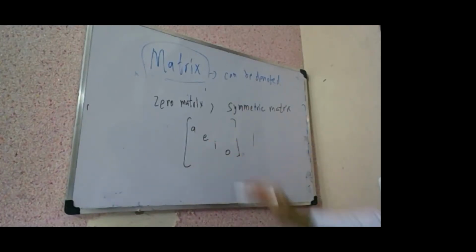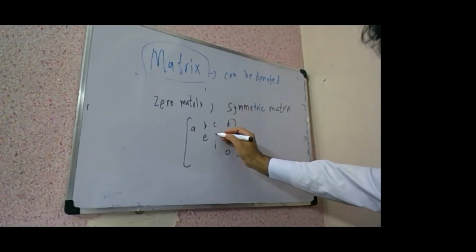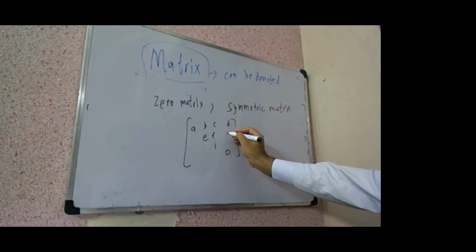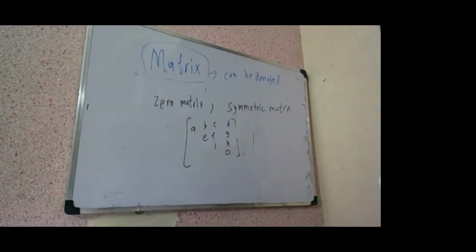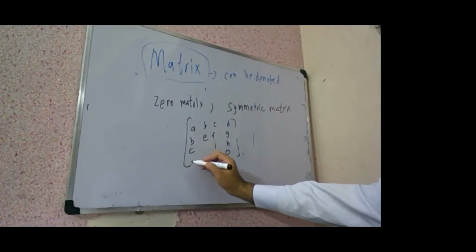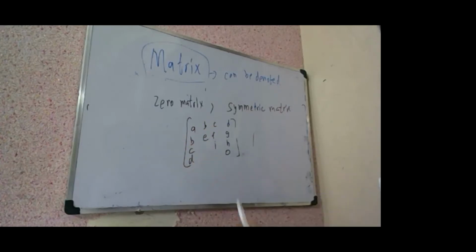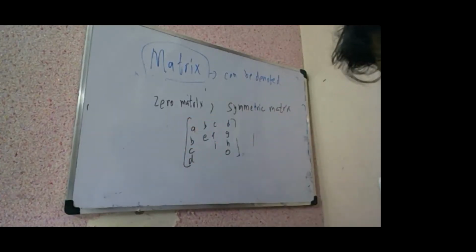For example, here we have B, C, and D, and here we have F and G, and here we have H. So what should be here? B should be here, C should be here, and D should be here. So whatever is a row here is a column here, right? Not including the first number of the matrix. Do you understand?